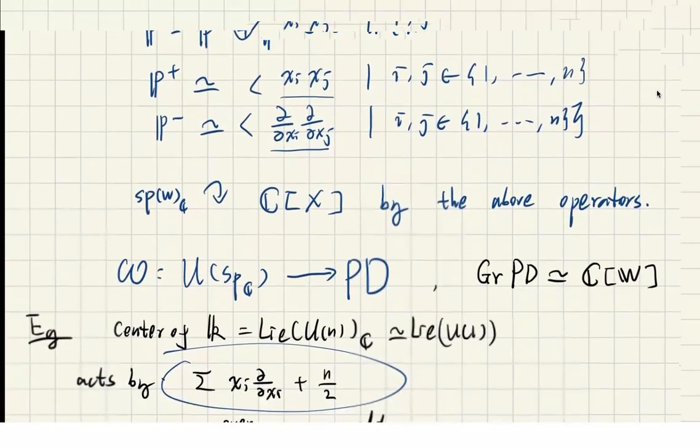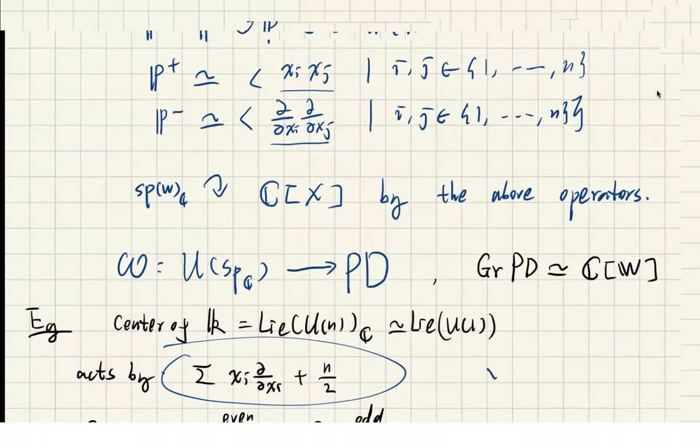This is because x_i partial x_i minus partial x_i x_i is, by the canonical commutation relation, equal to minus 1. You can test it on any function. If it's a constant function 1, multiply by x_i, then take the derivative with respect to x_i, so it's 1.